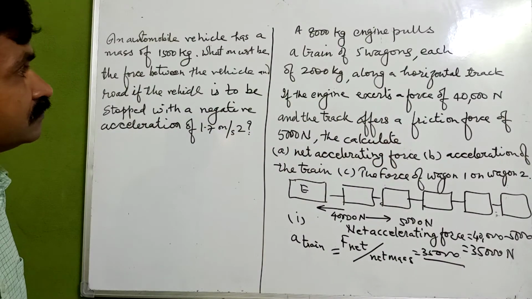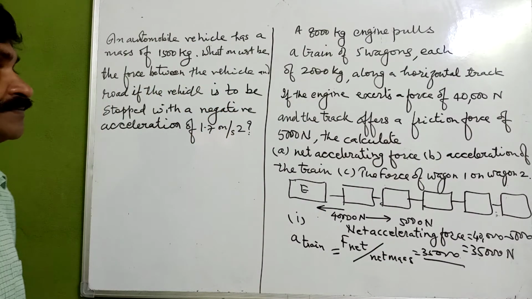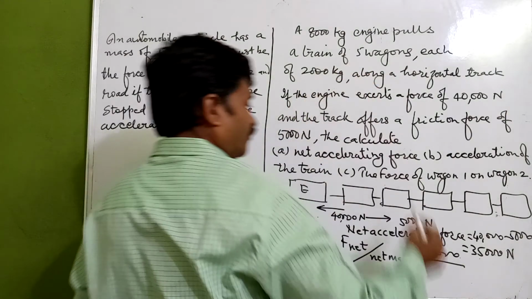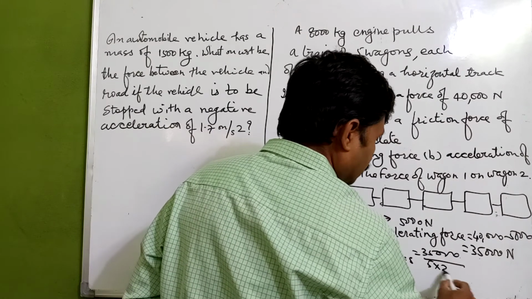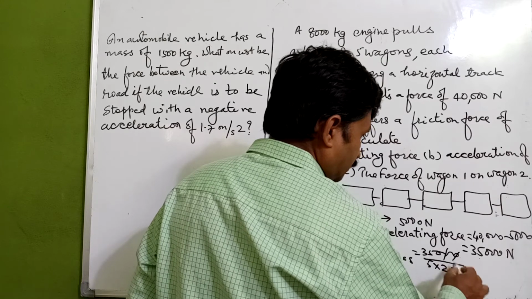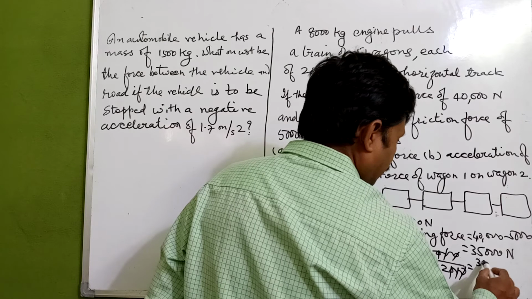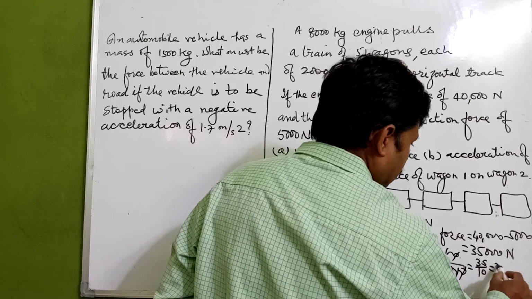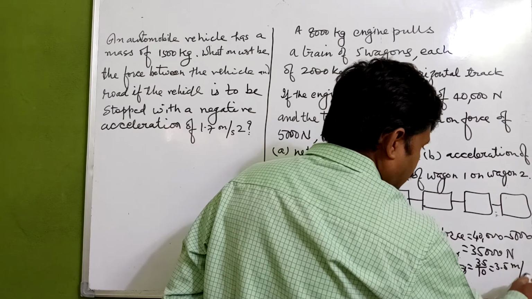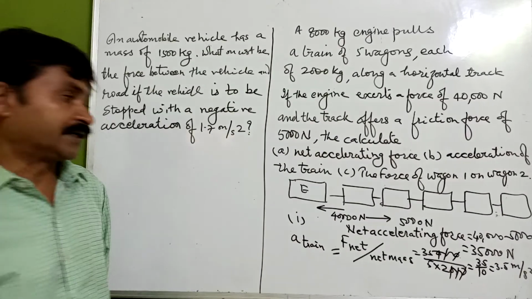There are 5 wagons, each of 2000 kg, so total 5 into 2000, which is 10,000. Now it is 35 upon 10, which is 3.5 meter per second square. This is the acceleration which we are getting here.